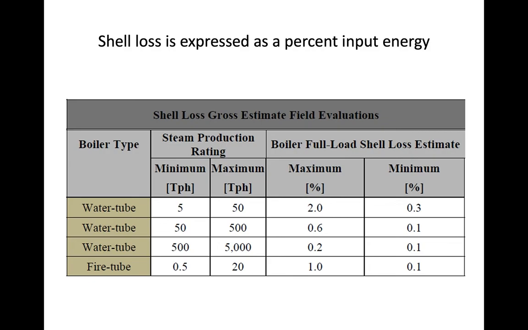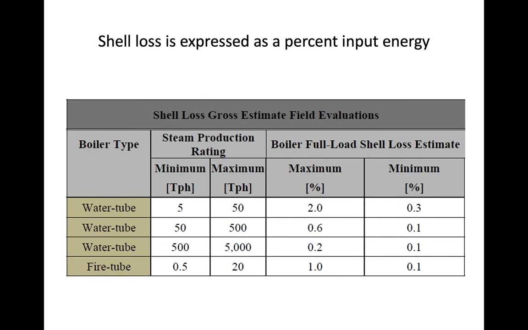Why? Because the surface area is constant. The boiler surface does not vary with the boiler load. So the shell loss is relatively constant, not dependent on boiler load.